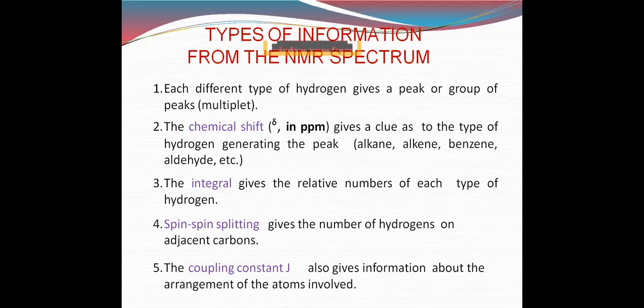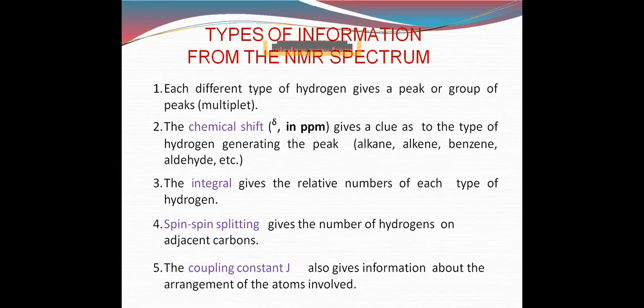Where the hydrogen is present and its absorption are shown in the form of the chemical shift. We have to find the position, the delta value, of the particular proton. If a molecule has two or three different types of proton, it will give two or three different absorption peaks.